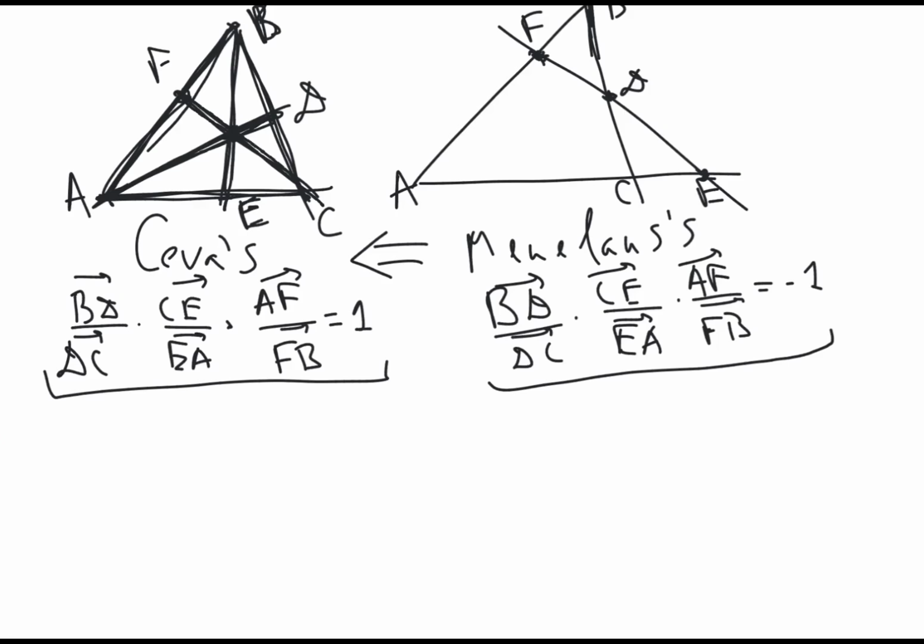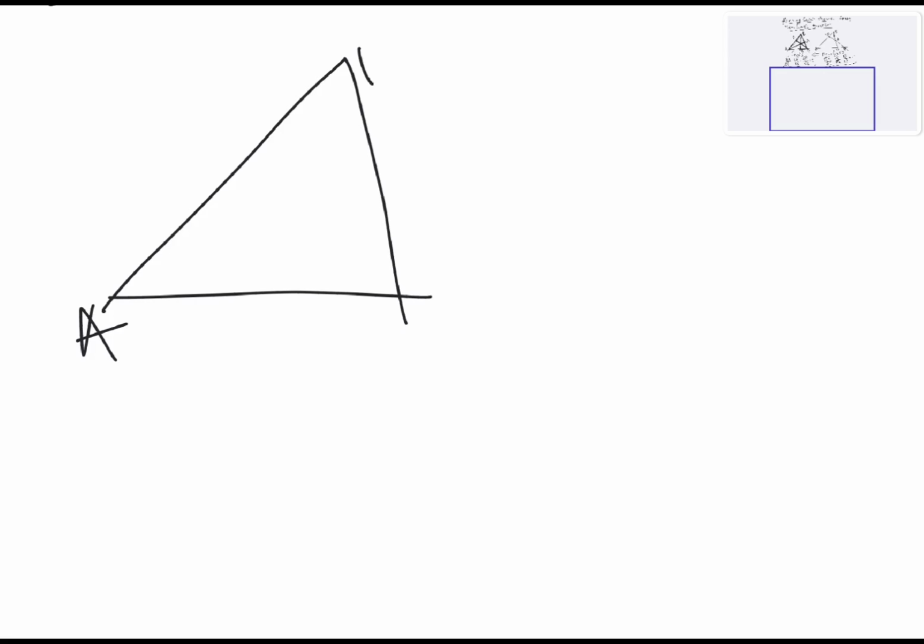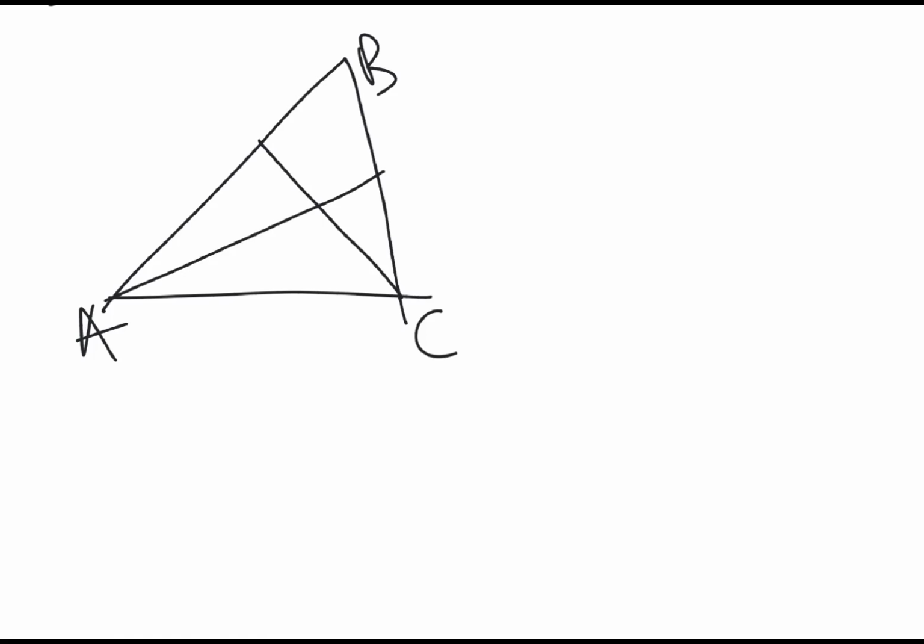intersect at a single point, and then we are going to write the Menelaus theorem for two triangles. Here we have A, B, C, T, E, F, and we now consider the triangle BEC and this line AD.